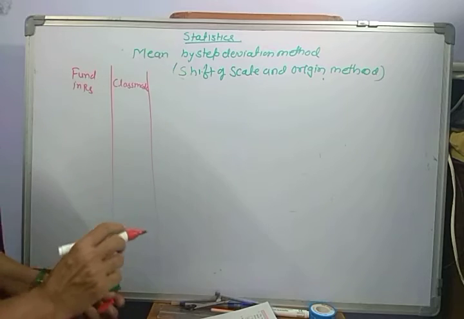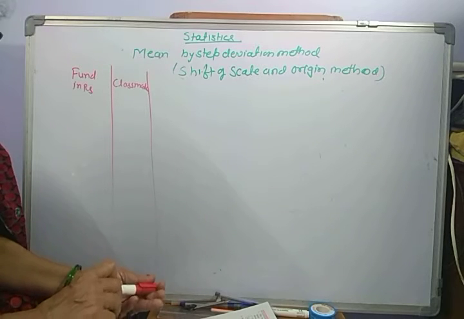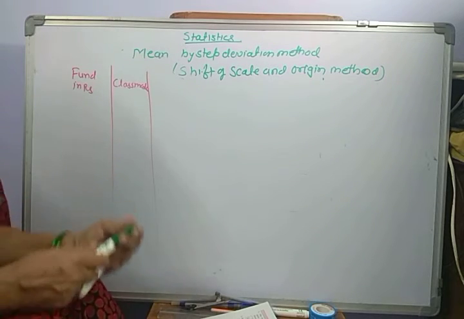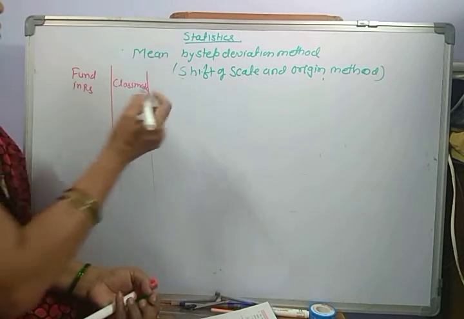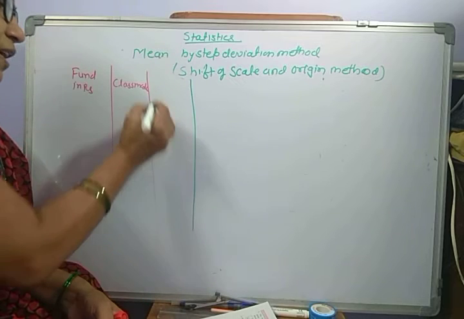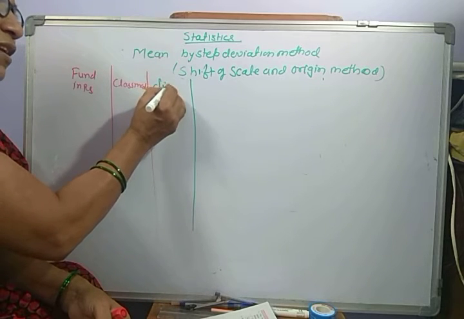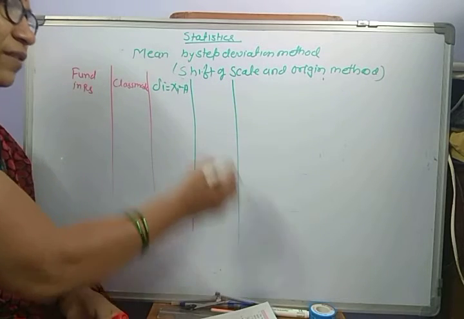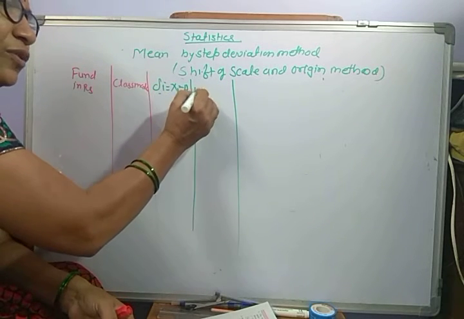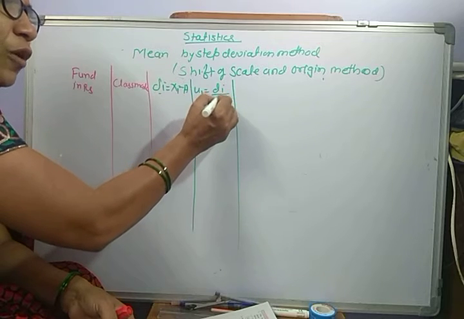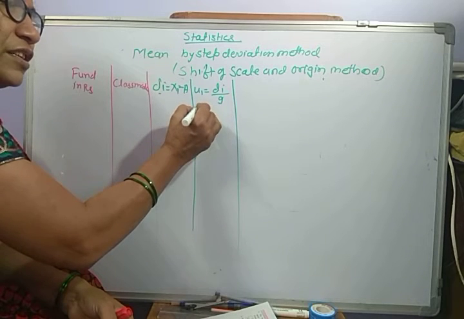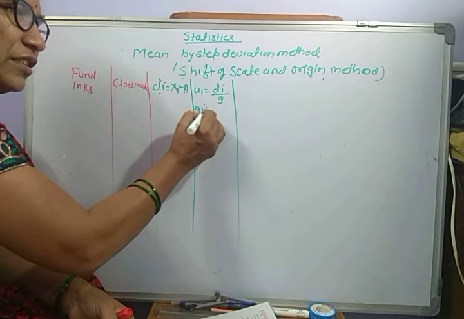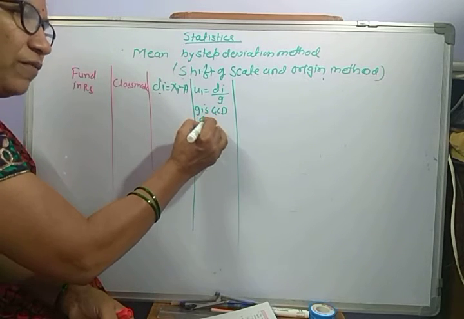As we have studied, for direct method we need 4 columns. For assumed mean method we need 5 columns. For step deviation method we need 6 columns. So class mark, after that we have to find deviation. di is equal to xi minus a, whatever a is there. And after that, ui is equal to di upon g, where g is the GCD of the deviations.